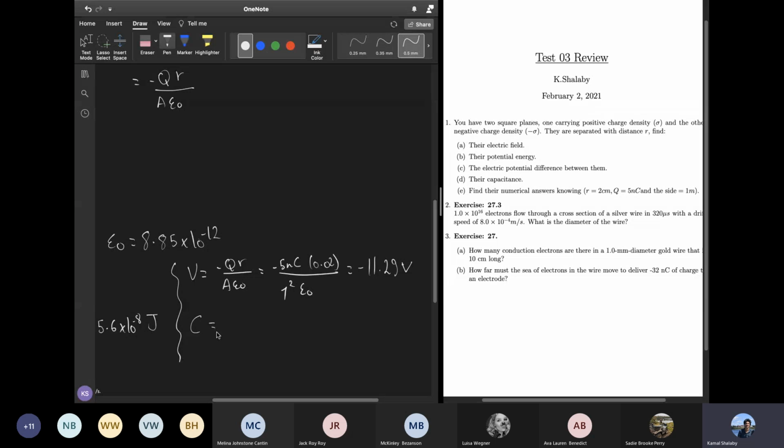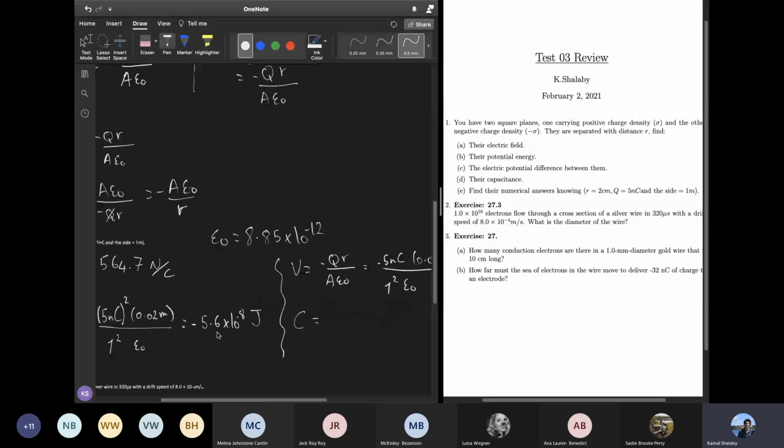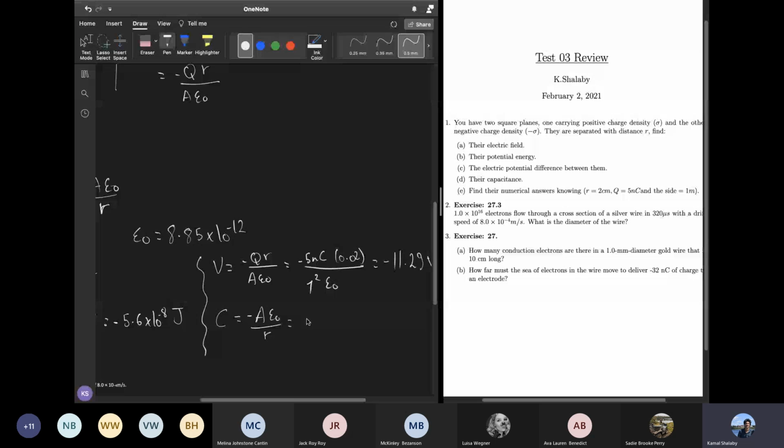Anyway, for C, the capacitance is going to equal negative A epsilon naught over R. So that's just negative epsilon naught over 0.02, which is going to be really, really small: negative 4.43 times 10 to the power of negative 3.